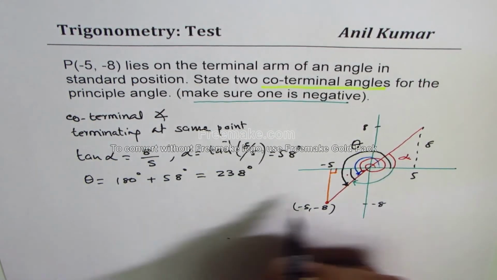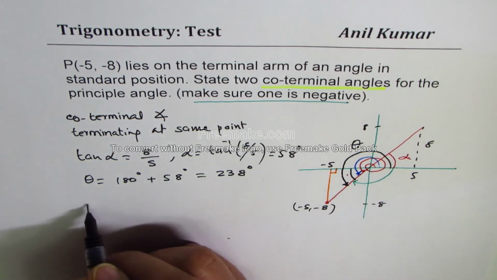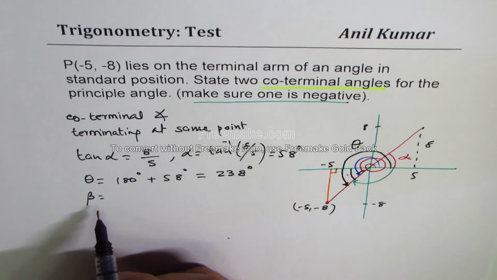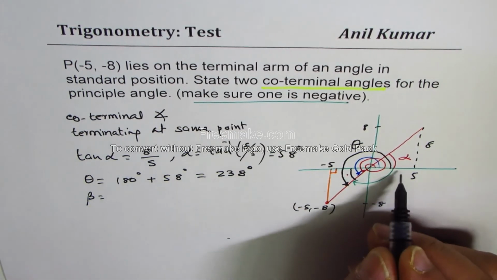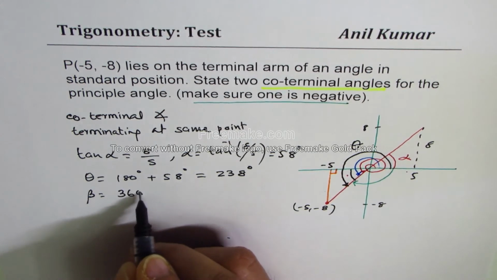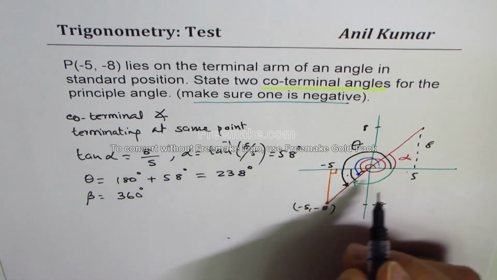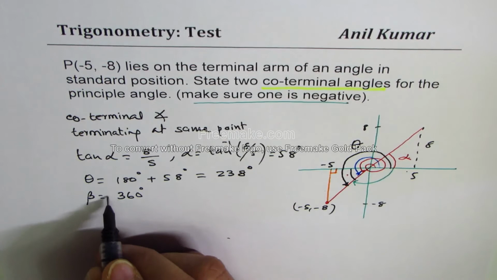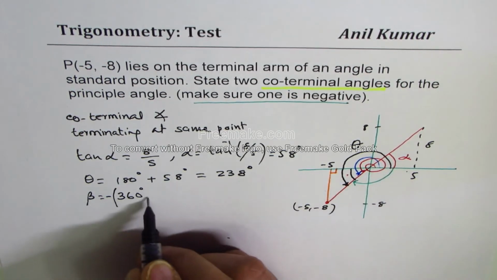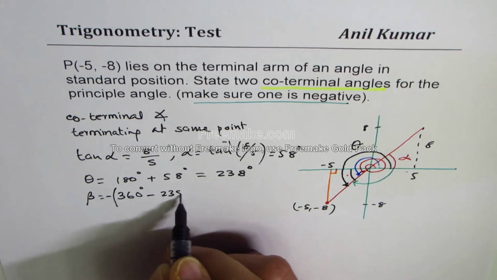And what is a negative angle? We can find that the angle other than theta, which is a coterminal angle, could be, if you go from this side, the total is 360 degrees. It is of course negative, right? Because we are measuring clockwise, it is minus 238, correct?